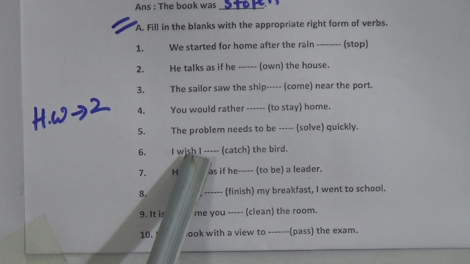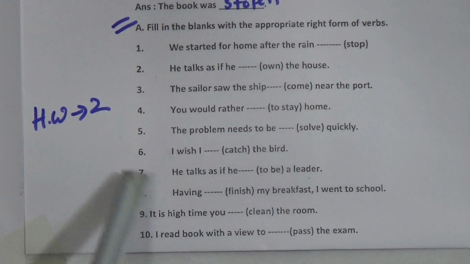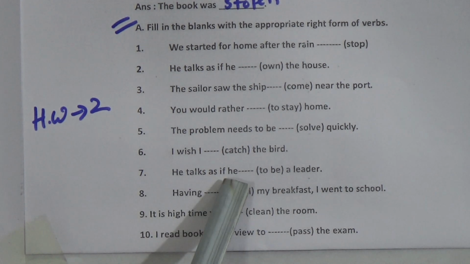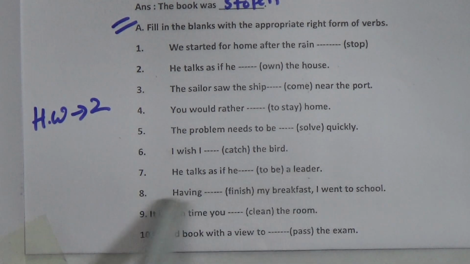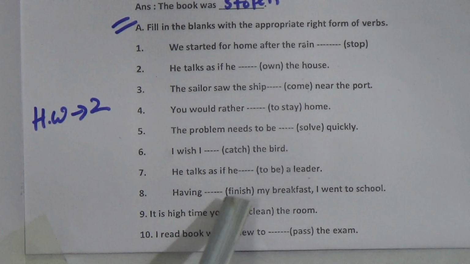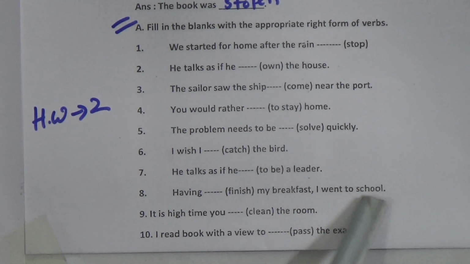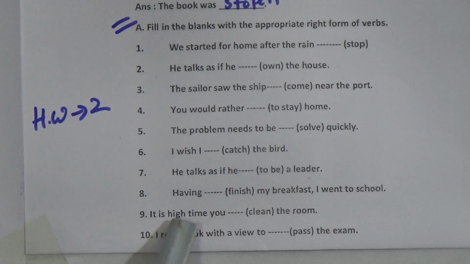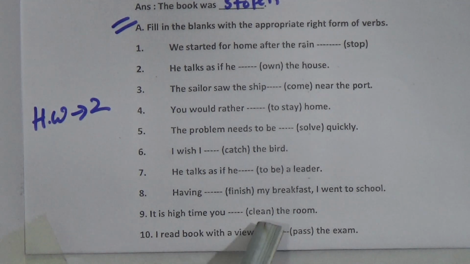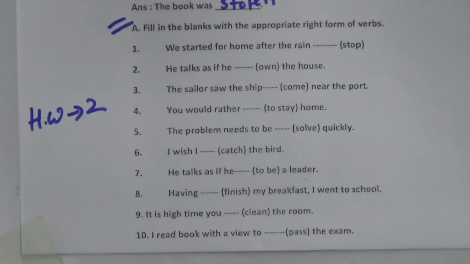Number 6, I wish I (catch) the bird. Number 7, he talks as if he (to be) a leader. Number 8, having (finish) my breakfast, I went to school. Number 9, it is high time you (clean) the room. And number 10, I read the book with a view to (pass) the exam. So this will be your homework number 2.